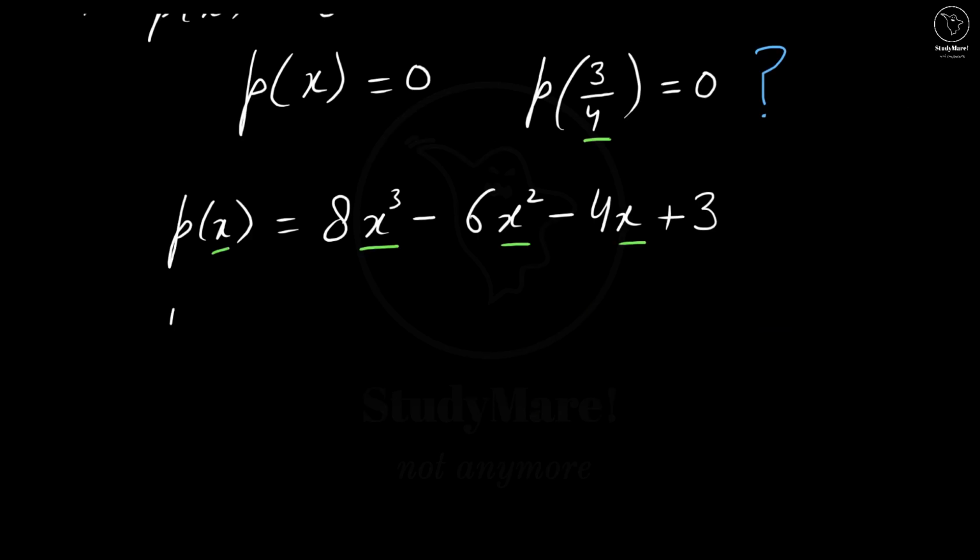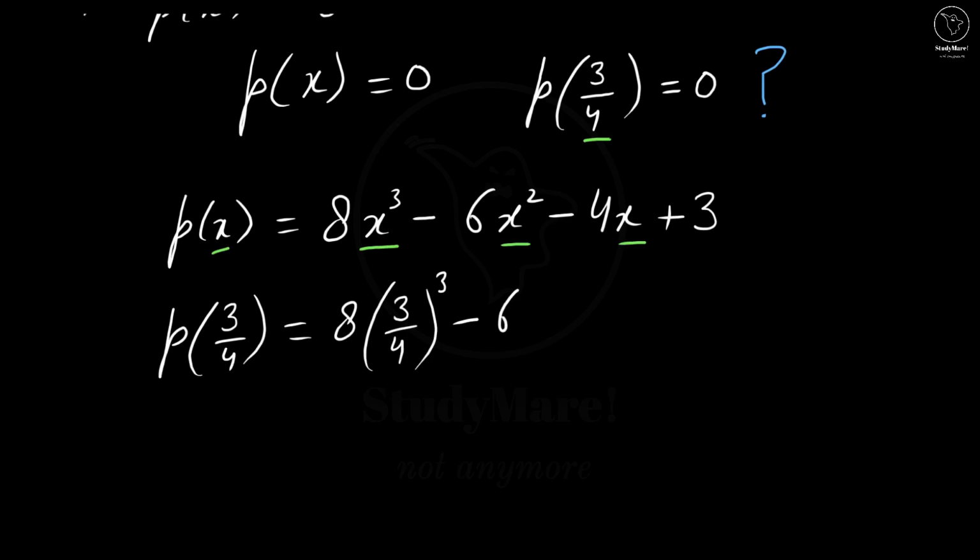So we get p(3/4) is equal to 8. Instead of x, we write (3/4) cube, minus 6. Instead of x, we again write 3 by 4. We already have a square here, minus 4. Instead of x, we write 3 upon 4, plus 3.